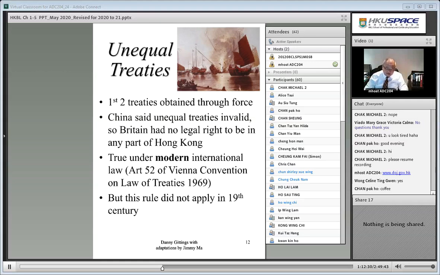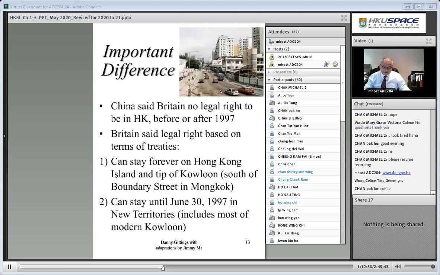And then they also make reference to the fact that, taking account of history and realities, the PRC has decided upon China's resumption of the exercise of sovereignty over Hong Kong, and established the Hong Kong Special Administrative Region. So that's the main background to China's claim over Hong Kong.